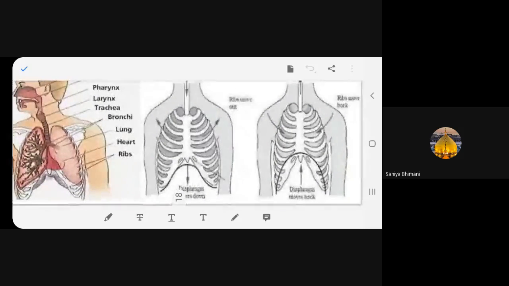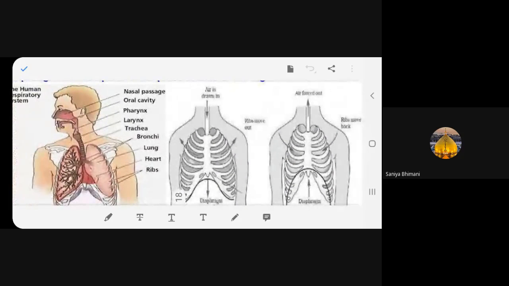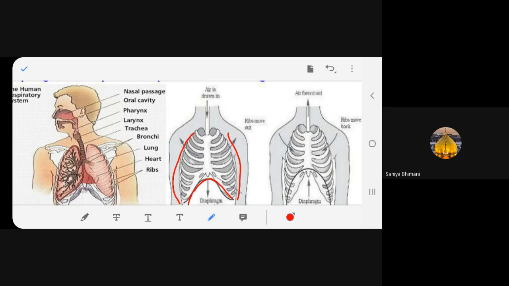This is what we are going to work with. Air comes in. Now this is a muscular sheath which is called the diaphragm. So when the air is inhaled, it is taken inside the body. You can see the size of the ribs has expanded.